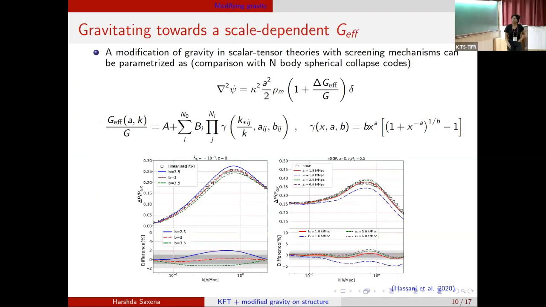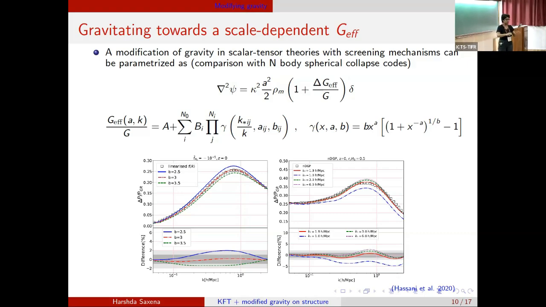Now, motivated by these modifications of gravity in scalar tensor theories, Hassani et al., a couple of folks at Cambridge, showed using n-body simulations and spherical collapse codes that the major effective action of modified gravity in these simulations is through a modified Poisson equation with an effective scale-dependent gravitational constant.